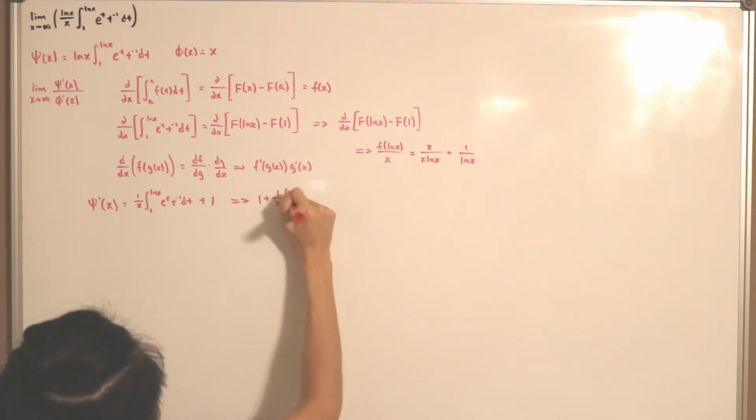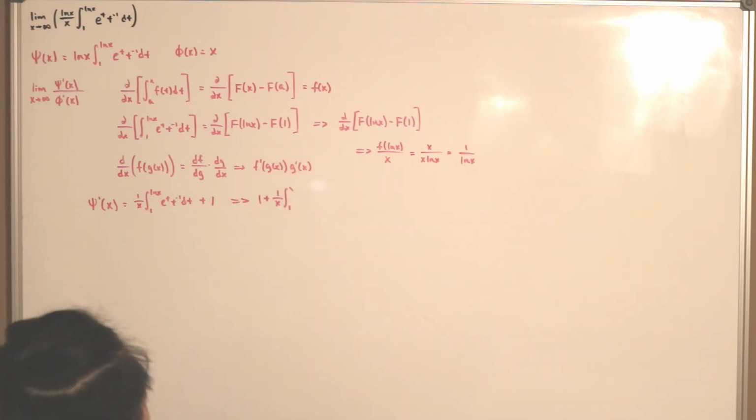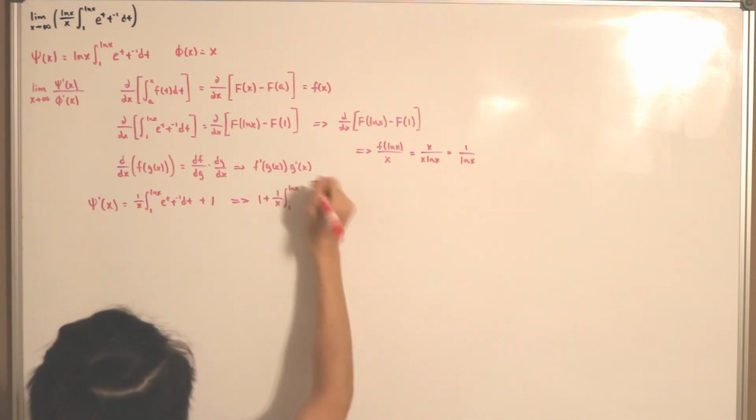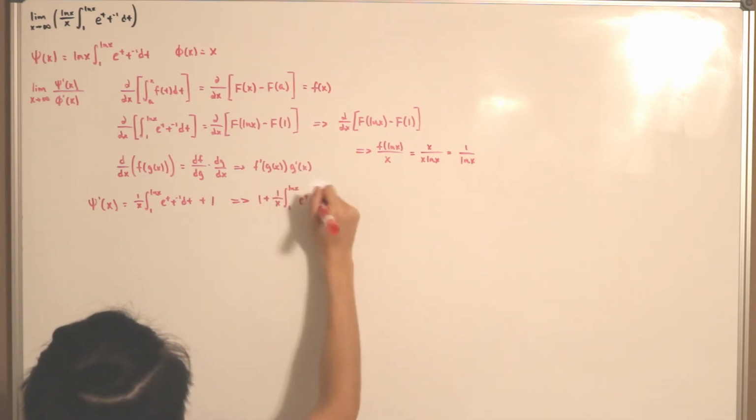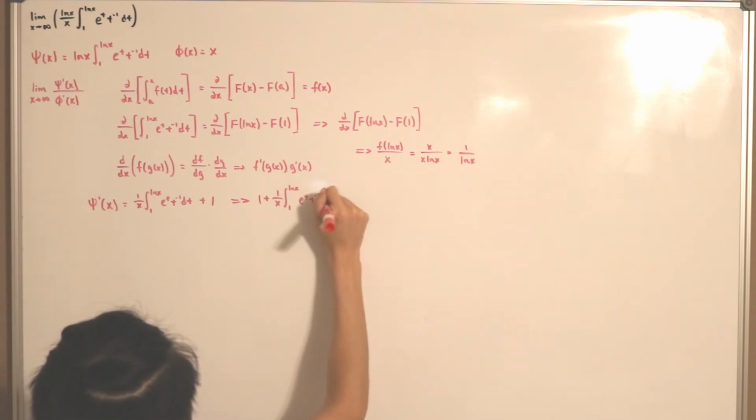times the integral from 1 to ln of x, e to the t, t to the -1 dt.